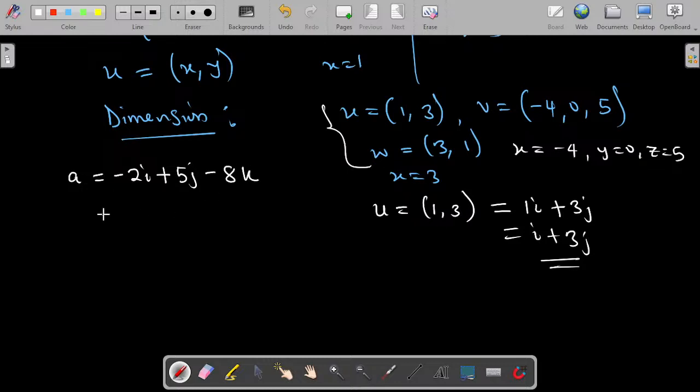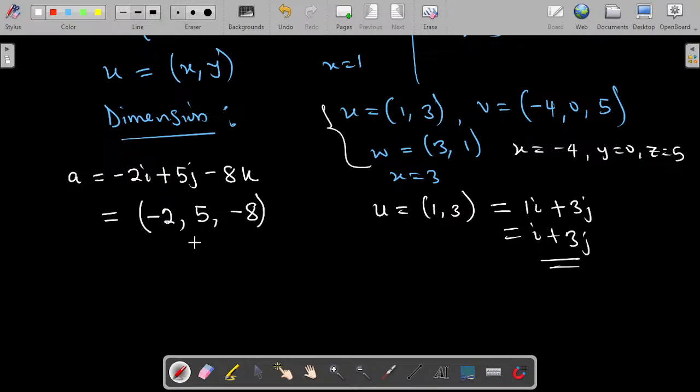To represent it in the condensed form, that's the bracket form, the i coordinate, which is the x coordinate, you just pick their coefficients, that's all. So if I pick the coefficient of i, I will have minus 2, 5, then minus 8. So this vector and this other vector are just the same thing. Why am I showing you all these representations?